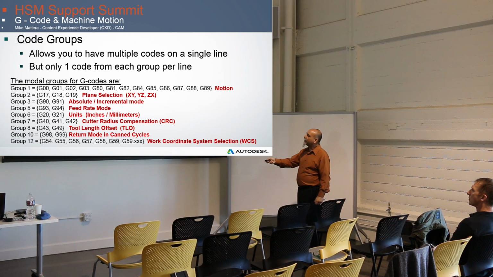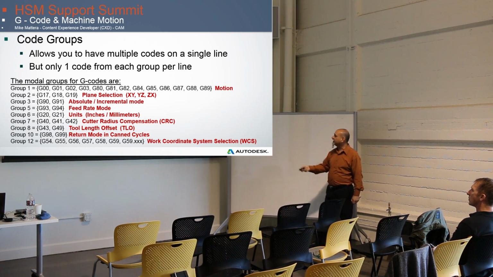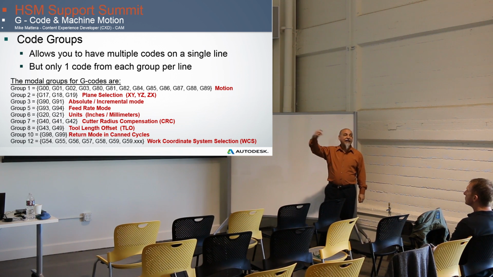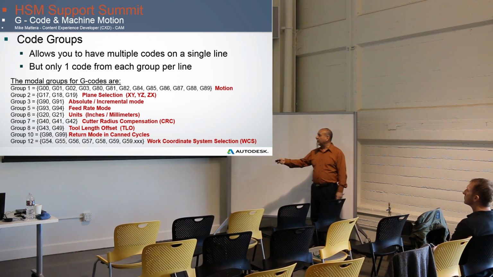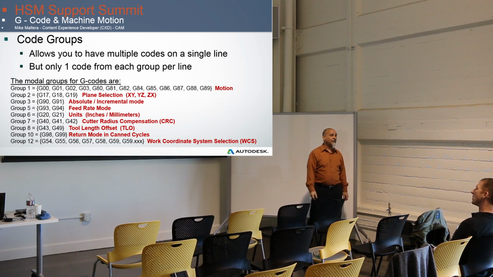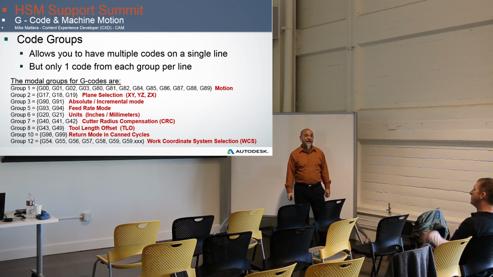And then at the bottom we have this group, which is our work coordinate system offsets, WCS. You see that a lot in the software, work coordinate system. That's how you shift your zero from one location to another location. So the most common is G54, but these go up to G59, and then you'll find in some controls they go way beyond that. So it might be G59.001, 0.002, up to 0.999.